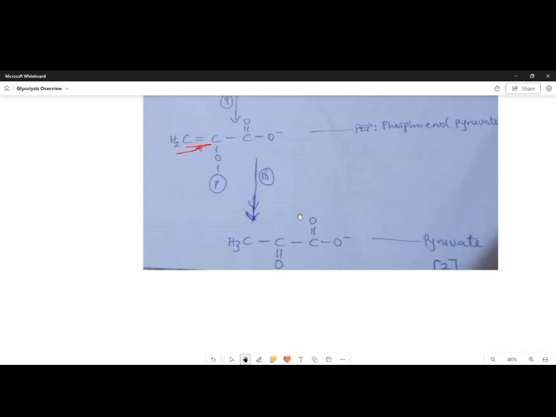And this concludes the structures of the molecules involved in glycolysis.